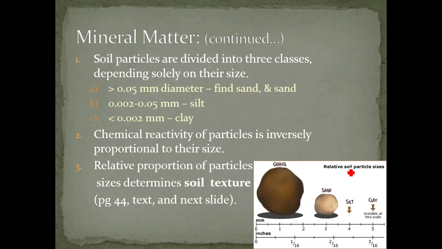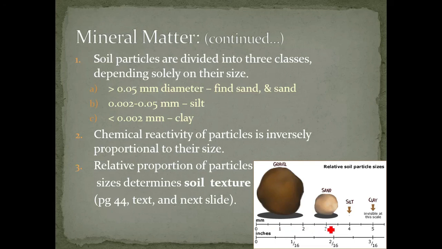Down here's a representative relative soil particle size, and we do include things that are bigger, but we don't usually find these in agricultural soils. Gravel, for example, is pieces that are about 2 inches in diameter. Sand particles, these are millimeters, by the way, not inches, sorry, 2 millimeters or bigger in diameter.